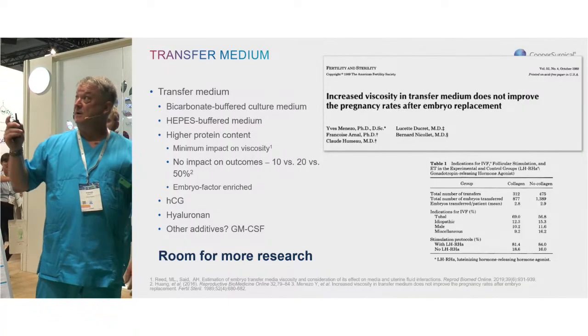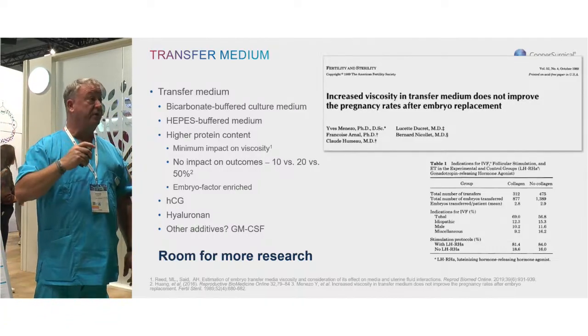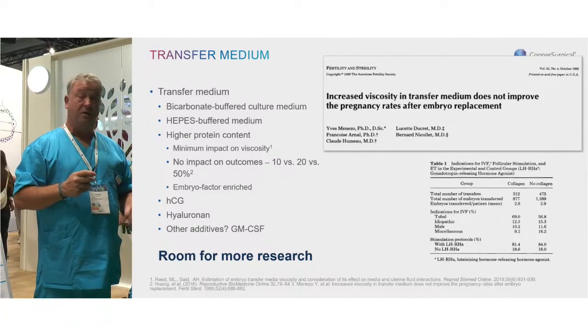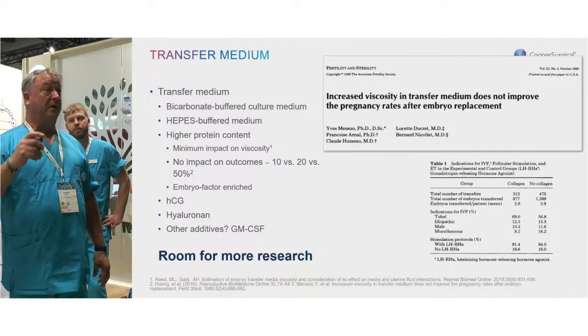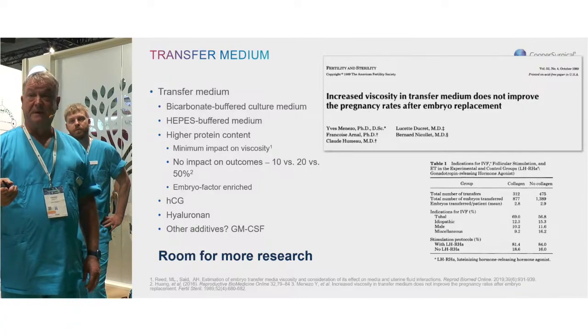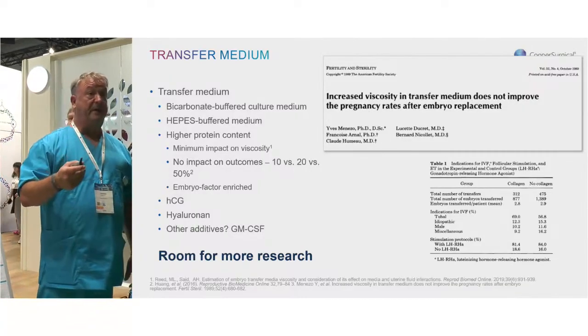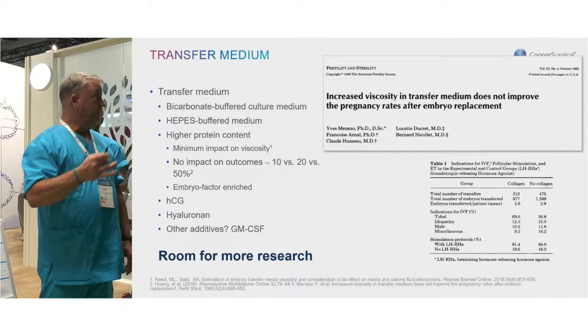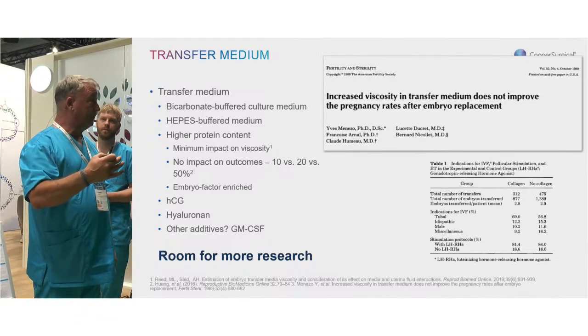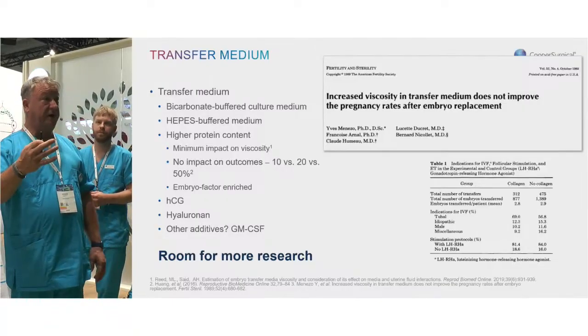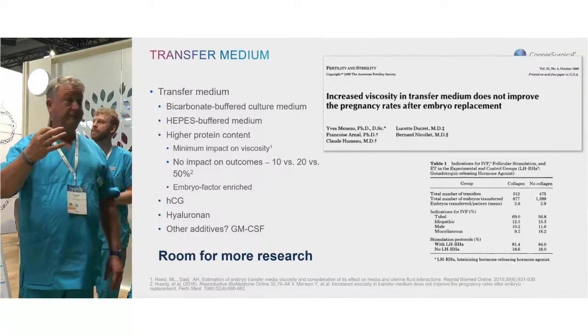Very often, culture conditions are really very good in the lab. We get good quality embryos. We come to the embryo transfer dish, and it's prepared a long time in advance. And if you prepare a dish a long time in advance, you incubate it, you run a very strong risk that evaporation will take place, pH will increase, and osmolality will increase.